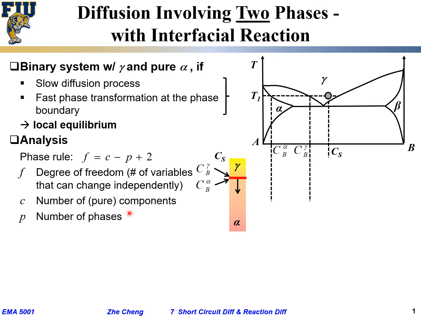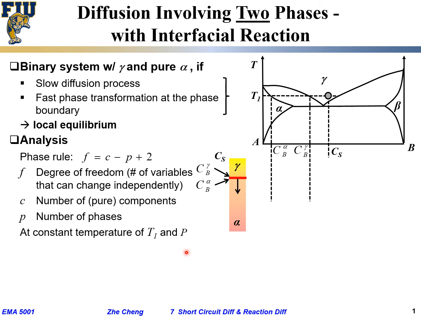P means the number of phases, right? That's what you learned in thermodynamics. Based on this, if we are looking at the constant temperature T1, the temperature that we are interested in, and constant pressure, let's say ambient pressure, 1 atmosphere, 1 bar.